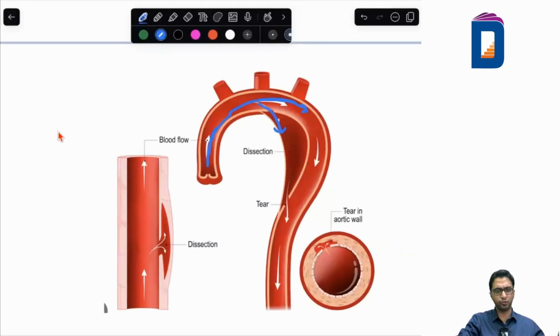That is pseudo lumen creation. Now please note there's a condition where your outer wall is also broken, the adventitia is also broken, which we will definitely come to.